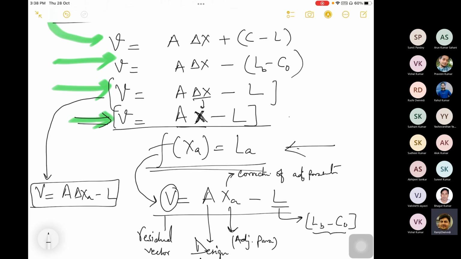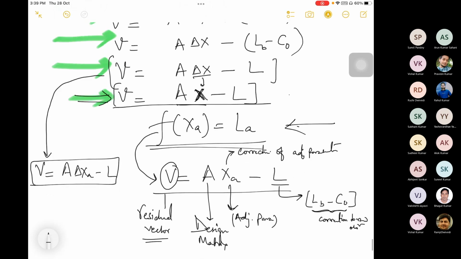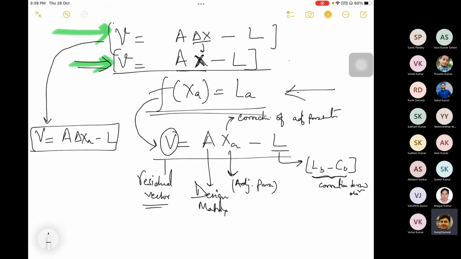We do not give any name to this, but it is simply the so-called correction to raw observation. So: residual vector, design matrix, adjusted parameter, and correction to raw observation. So this was the first step.